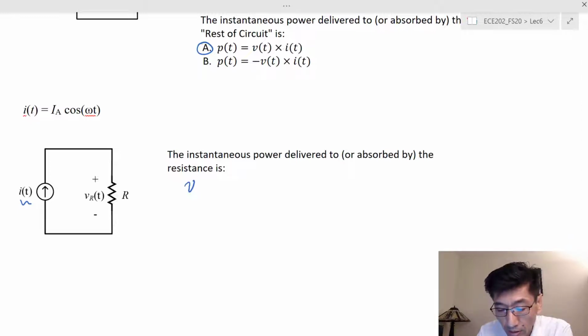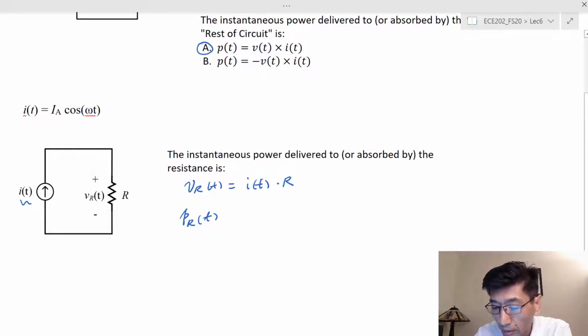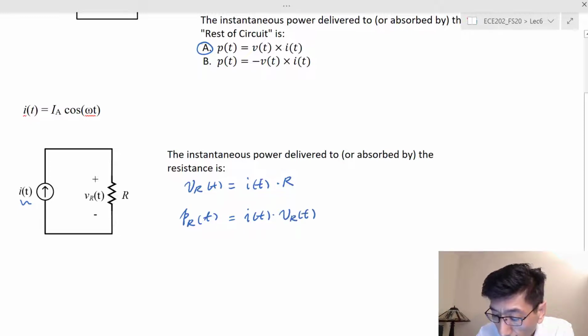Because the current is going into the positive terminal of the voltage reference mark. So v_R(t) is equal to i(t) times the resistance. So the instantaneous power absorbed by the resistance would be i(t) times v_R(t), and that is equal to i(t) squared times R.